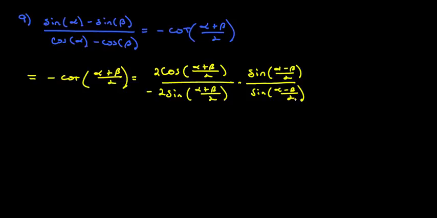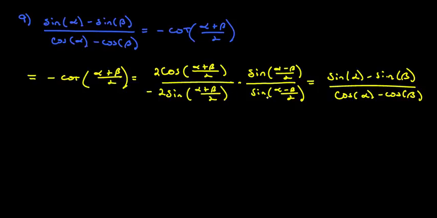If I do that, then this guy on the top is our formula for sine alpha minus sine beta. And our formula on the bottom is going to be cosine alpha minus cosine beta.